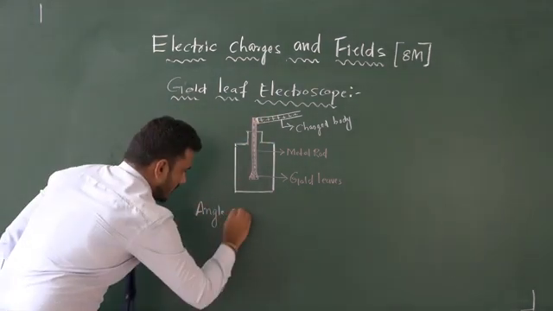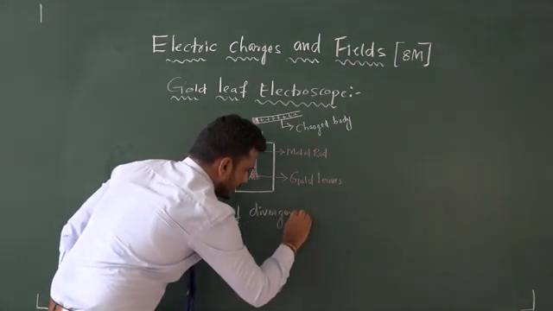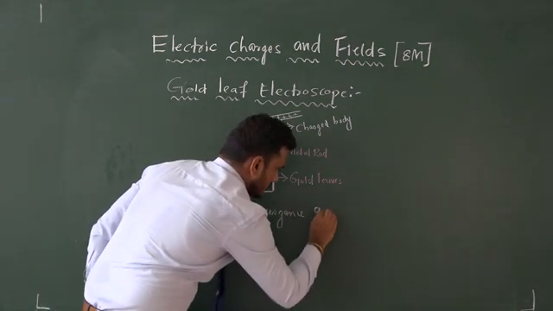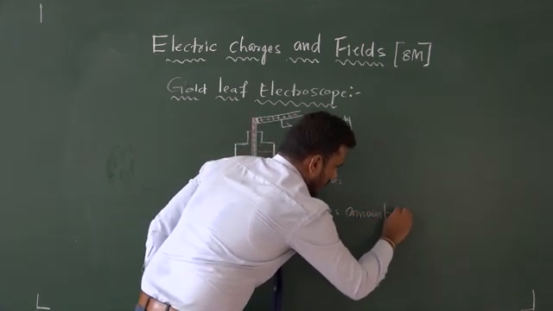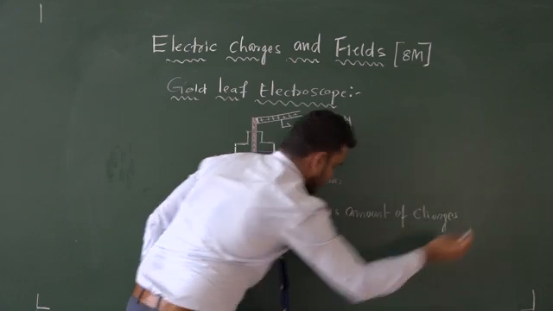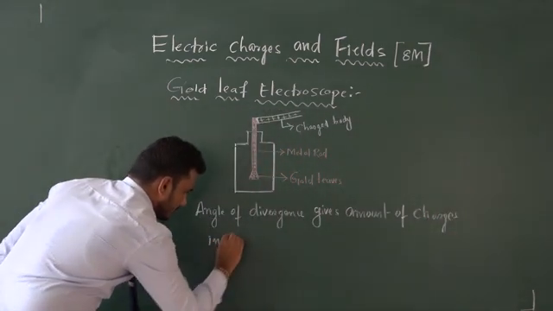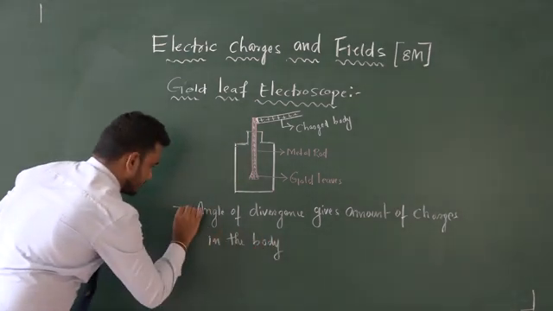So the angle of divergence gives the amount of charge in the body or an object.